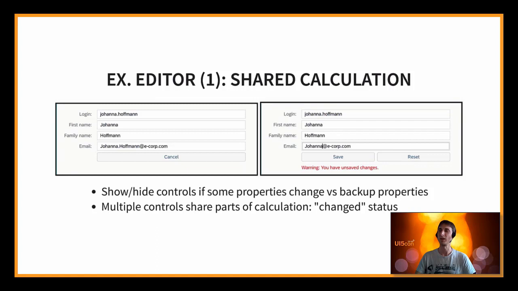And when you change something, some of the controls should disappear and other controls should appear when the state changes because the user has changed something. To show you, I'll just share my screen and show you the demo application.